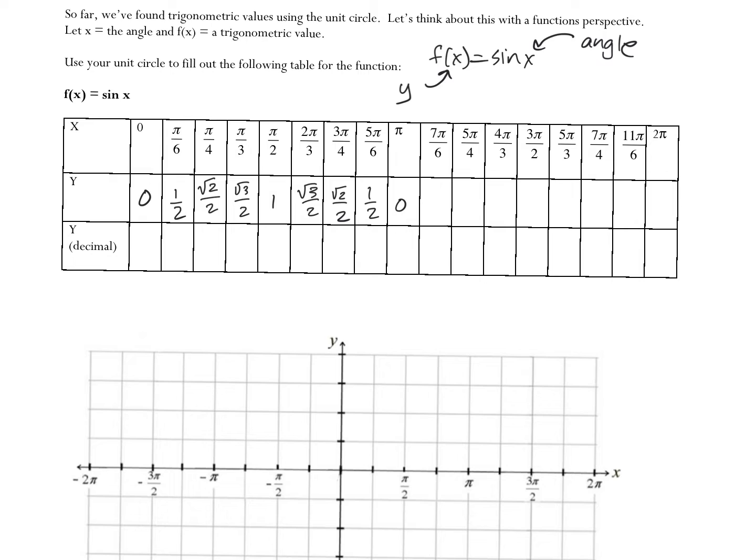Do they go back up again? You tell me, what's the y-coordinate at 7 pi over 6? Negative 1/2. And then at 5 pi over 4, it's negative square root 2/2.